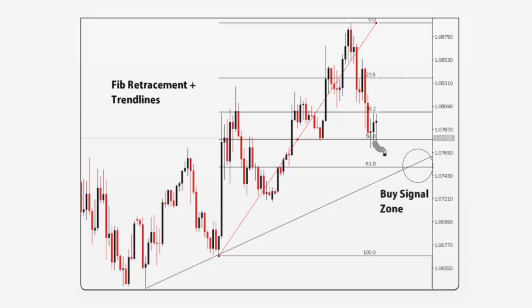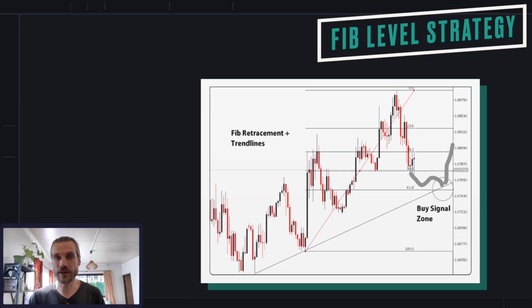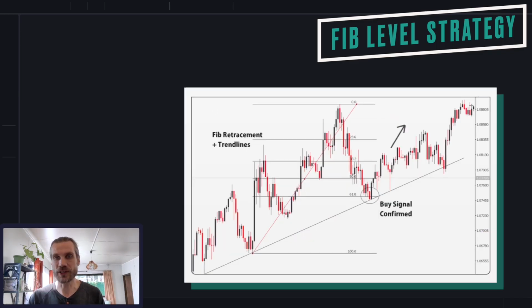So if the price action does recede, you've not just got a set of buyers showing up because they understand the significance of the 0.618 Fib level and that reversal here is quite likely and the price should continue higher. You also have this diagonal trend line which the price action has also historically bounced off. So you have a number of buyers showing up here, creating this undeniably powerful pocket where the price action hopefully would then ascend higher. And this is what it might look like. Buy signal confirmed, and upwards we go.